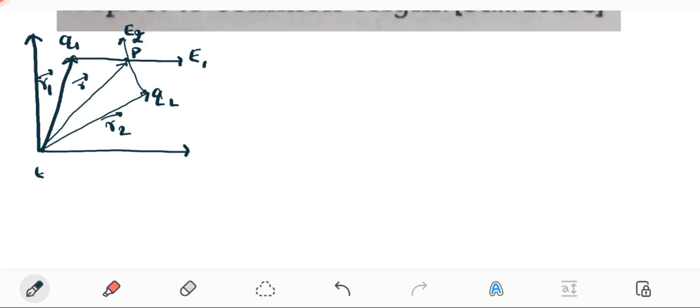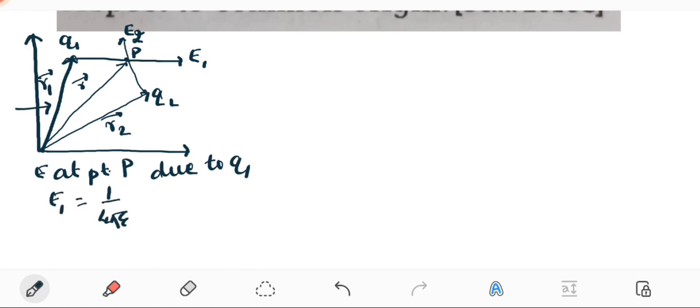So electric field intensity at point P, due to charge Q1, let us consider this is E1, is equal to 1 by 4 pi epsilon naught.